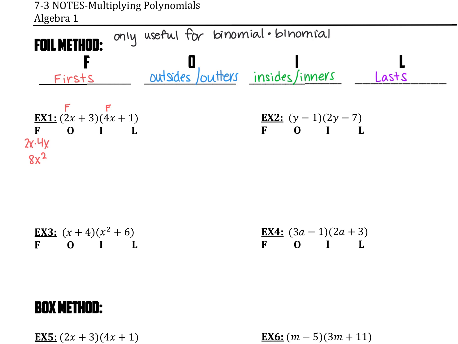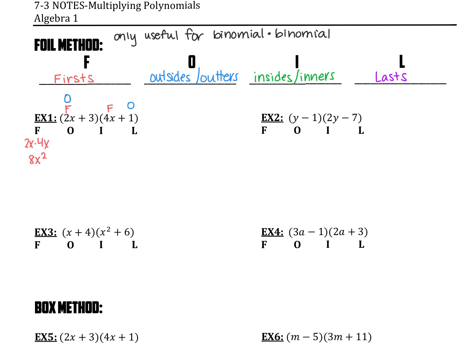Now what I'm going to do is multiply my outers or my outsides. Well, my outers or my outsides are the ones that are on the outmost part of the parentheses. So the 2x and the 1, those are my outers. So I'm going to multiply the 2x and the 1. Let's go back. So if these 2 are my firsts, my outers are the 2x and the 1.